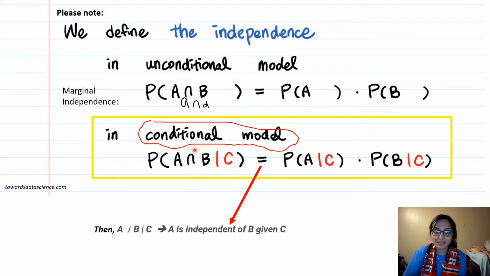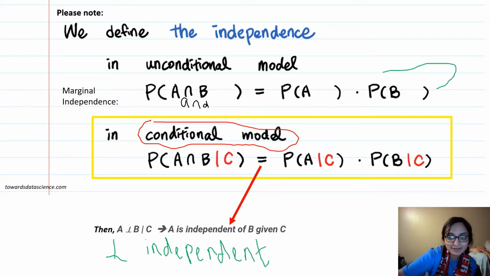So if the probability of A and B given C is equal to the probability of A given C multiplied by the probability of B given C, then we can say that A and B are independent of each other given C. That's what we get from the conditional model. So A is independent of B given C, and this symbol right here means independent.